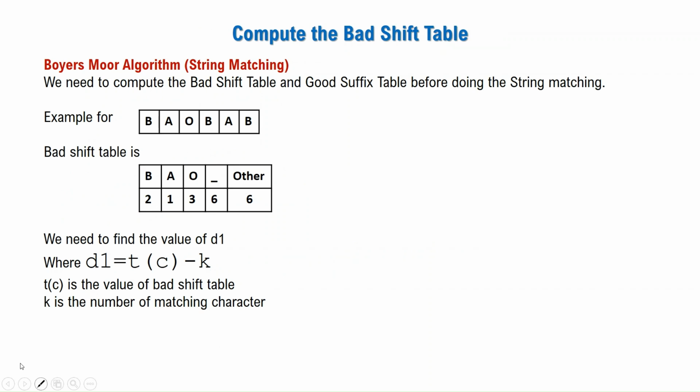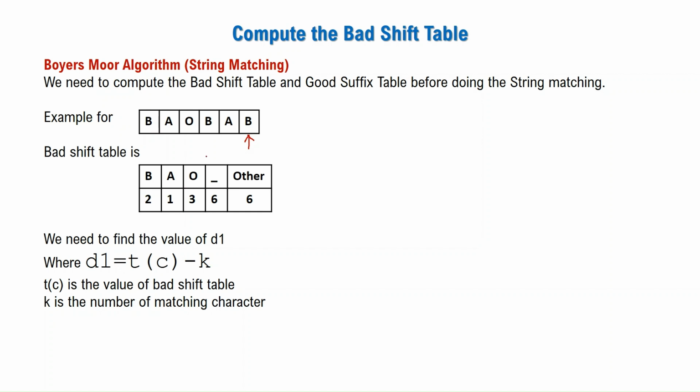According to the algorithm, you match the characters from right to left, which means starting from the last character of the pattern. Suppose the last character of the pattern does not occur anywhere else in the pattern, then there is no need to compare it with any other characters in the text, so you can easily shift the entire length of the given pattern.